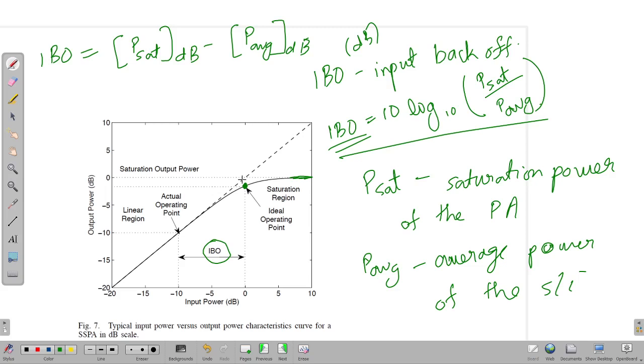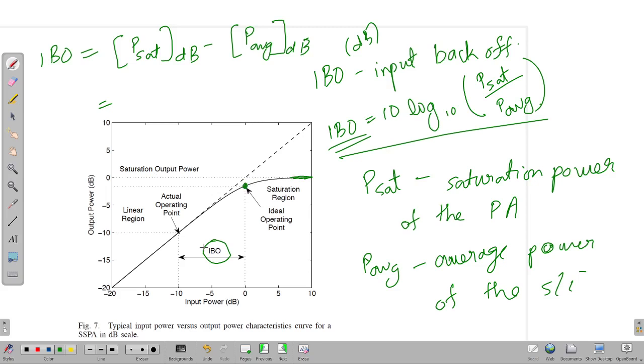So for that signal, what we can do is reduce the input power of the signal by a factor IBO, such that even if it has high peaks, even for the maximum value of the signal, it doesn't cross this ideal operating point. So the idea is you have the saturation power here.